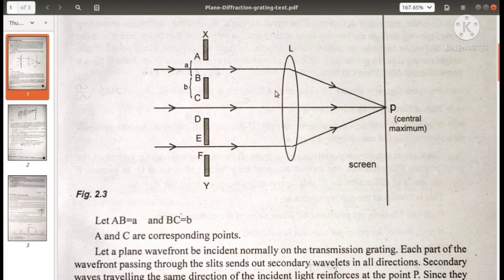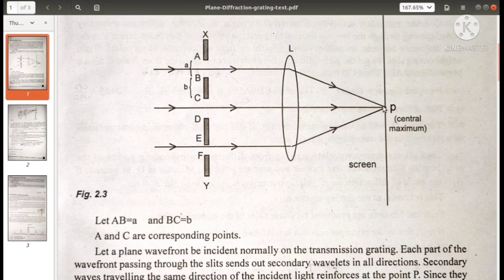First we consider the light traveling in the same direction, which we focus using a lens on the screen. This will focus at the focal point of the lens.